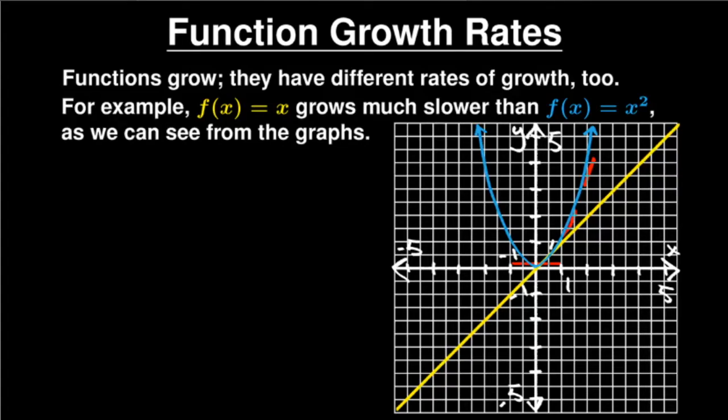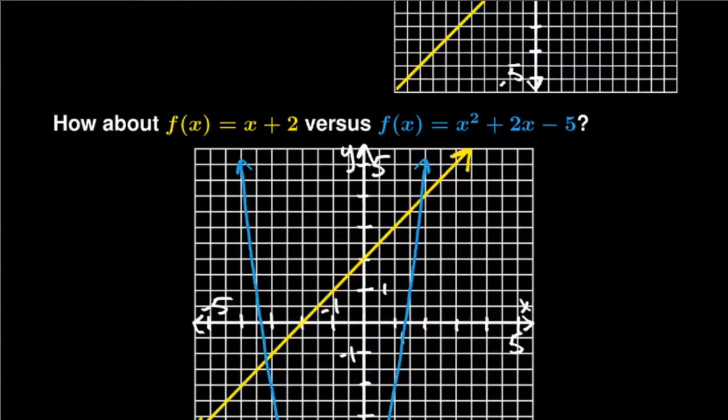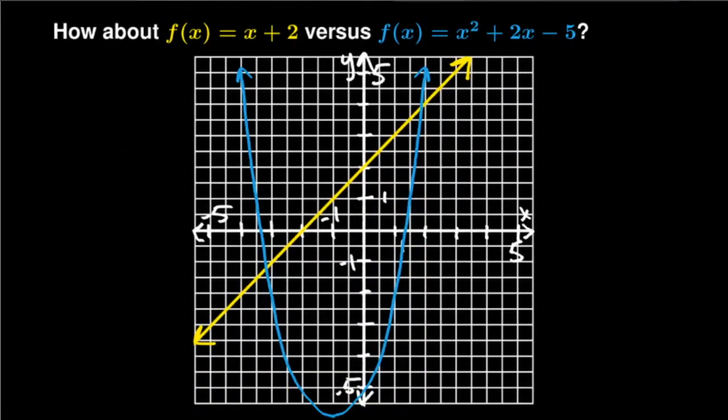Let's look at another example and work with that. For this, we have x plus 2 and x squared plus 2x minus 5. So again, another line and parabola. The line still has a constant slope, but if we look at points of tangent lines, let's just say that's going to be a tangent, that's going to be a tangent, and things like that.